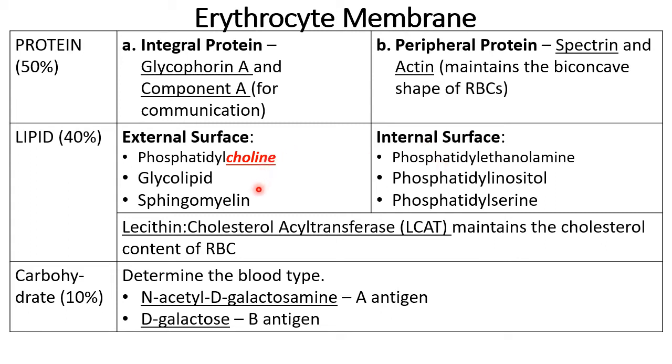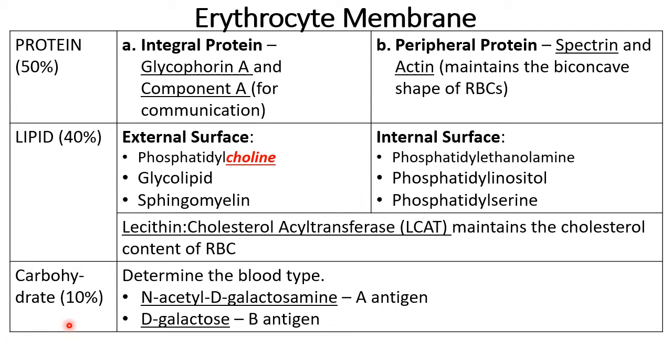Okay? And ano ang nagme-maintain kung sino ang nasa labas and kung sino ang nasa loob? Yun ay ang LCAT. LCAT means lecithin cholesterol acyltransferase. Nagta-transfer ng lipids to their respective location.